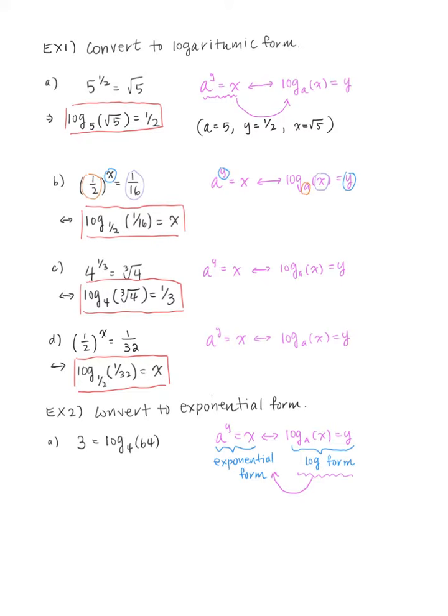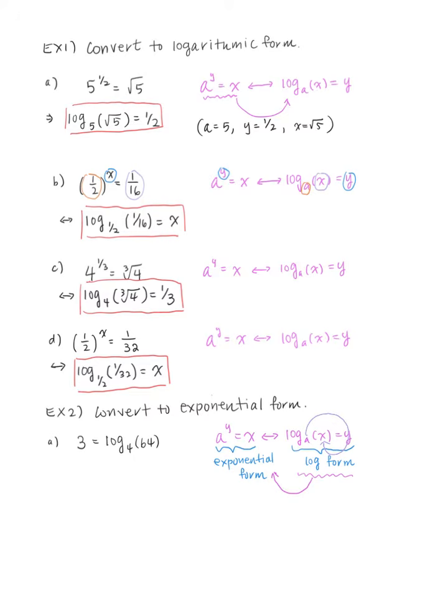I remember I had the most difficult time doing this, so this is how I remembered. Given the log form, if I want to write it in the exponential form, I went like this. Given log base a of x equals y, this is equivalent to a to the y equals x. I know it's really silly, but that was the only way I could do it.